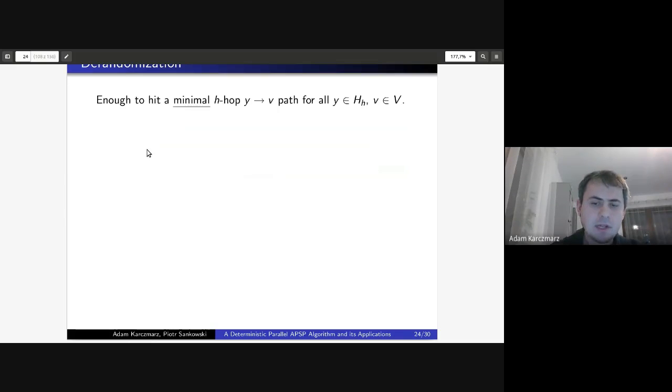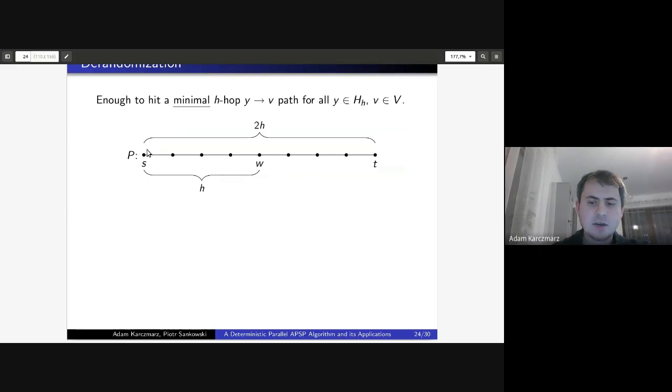So we showed that in order to get a 2H hub set, it is enough to hit all the H hop minimal paths from the hubs of the H hub set. To prove this, consider a 2H hop minimal path P between some two vertices S and T, and consider its H hop prefix.